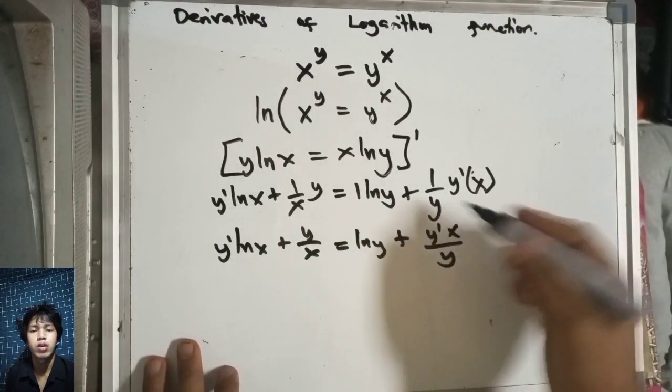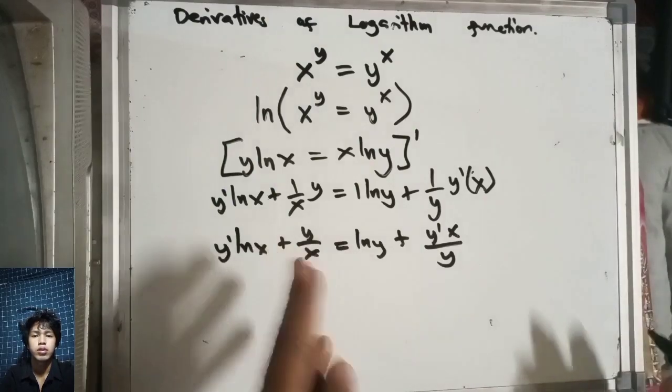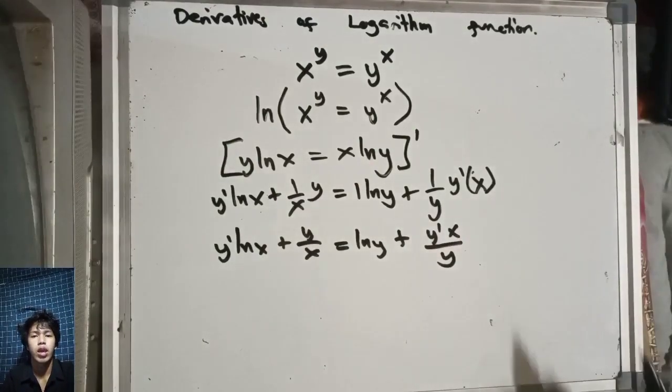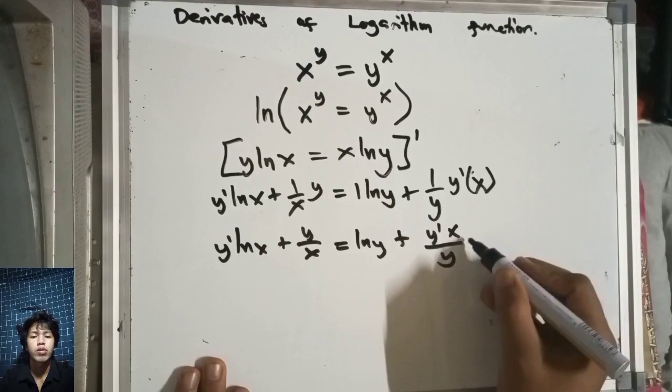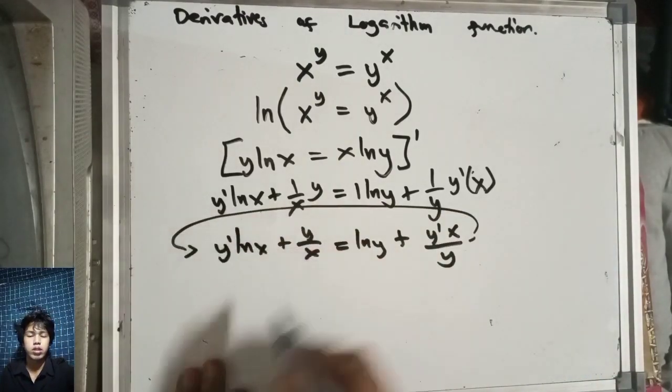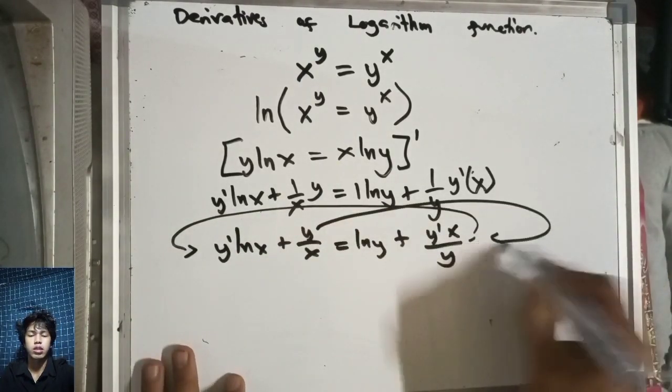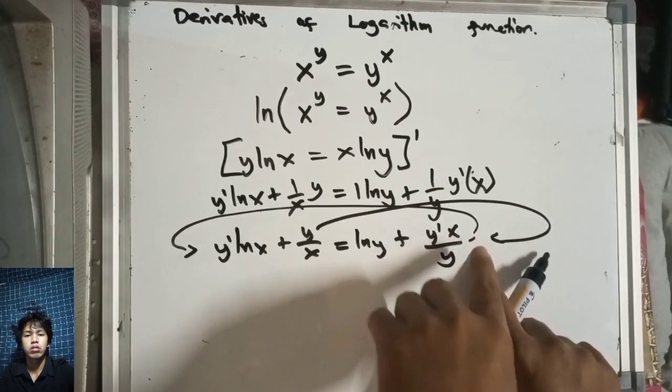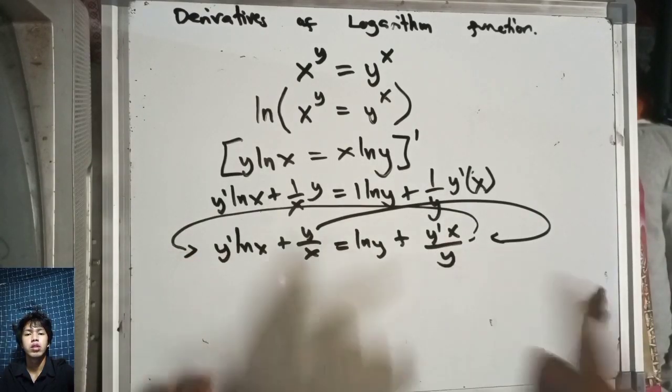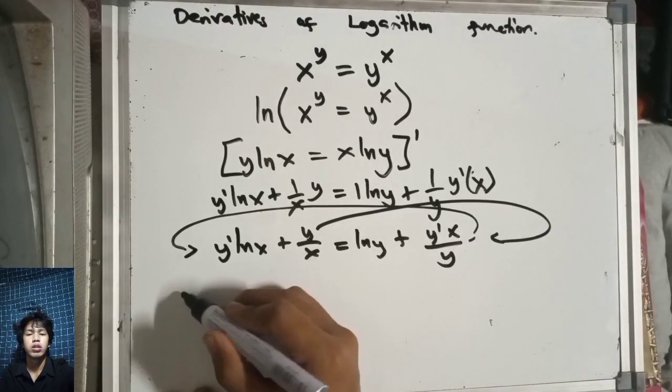We're going to put all terms with y prime on this side of the equation, and those that have none on the right side. We're going to transpose this to this side, and this to this side. If we put y prime x over y on the left side, it will be negated.